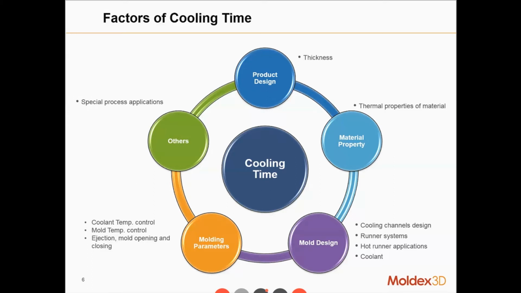You also have other applications that influence the temperature distribution inside the mold, as well as the choice of coolant material for your cooling. And then the molding parameters: you have coolant temperature, mold temperature, as well as the time for mold opening and closing.